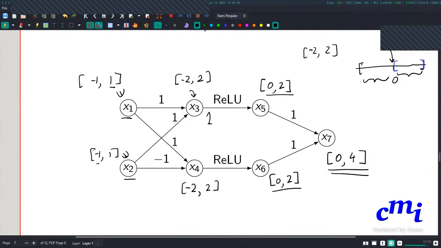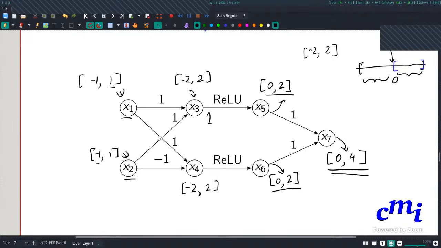So I'll ask you one of these things. Look at this network and see if there is some value. For example, we're saying that x5 is in this interval, x6 is in this interval, x7 is in this interval. Is some combination of values for these variables being introduced when we say that each one of them is in these intervals, which is not actually possible in the network?